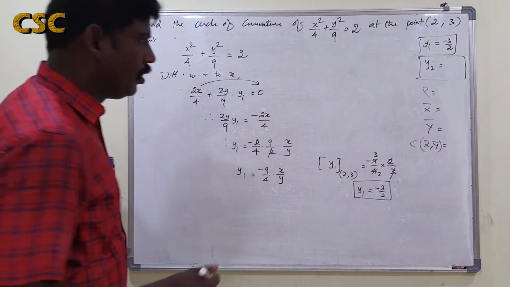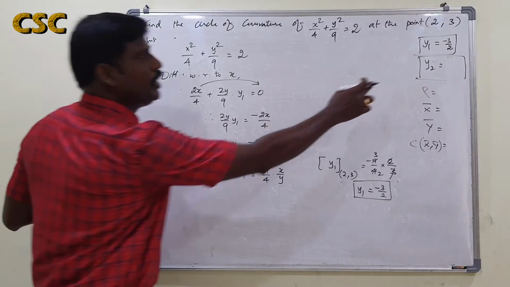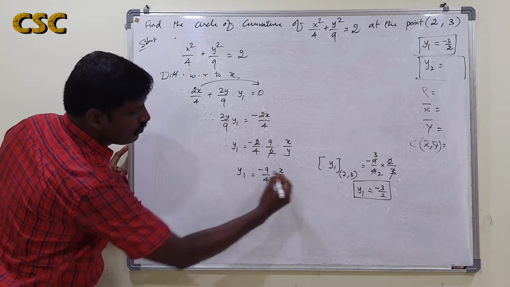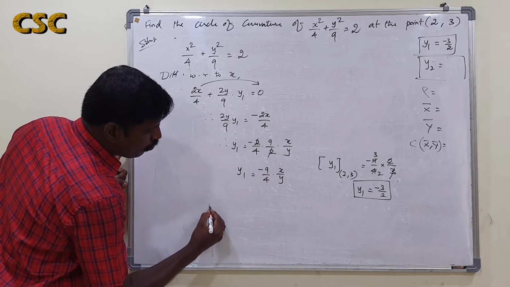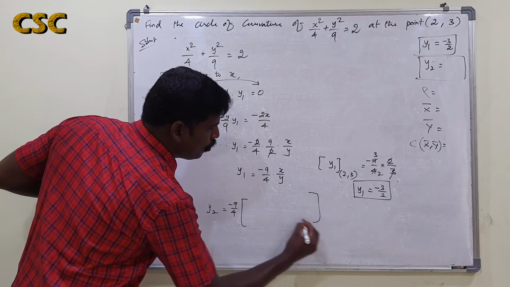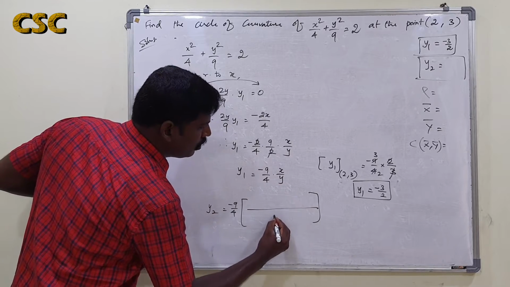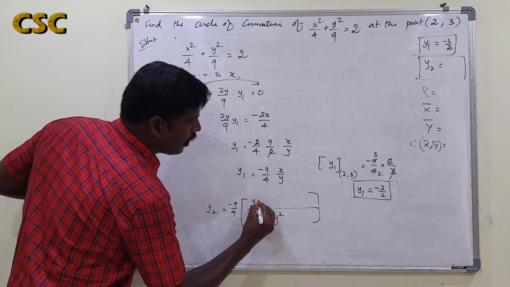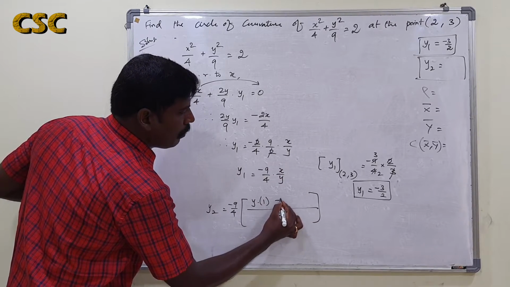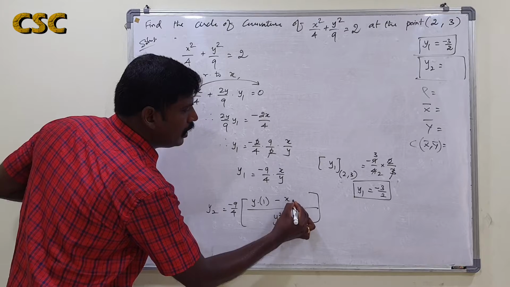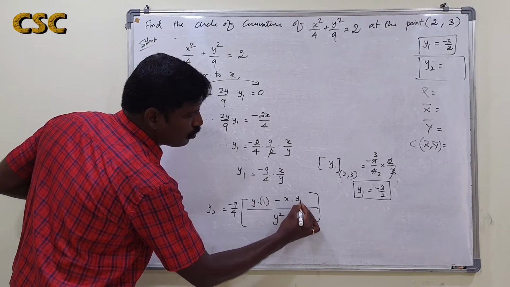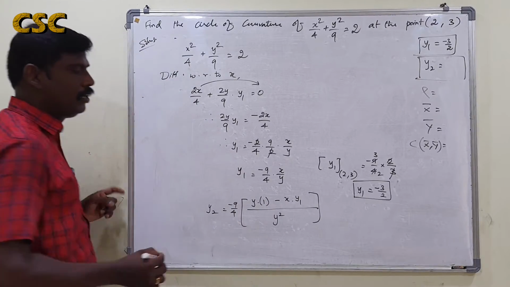Next, we go for finding y2 by differentiating with respect to x once again. So y2 equals minus 9 by 4, a constant we keep outside, and we apply the u by v rule to x by y: the denominator square, keep the denominator and the derivative of the numerator, which is 1, minus keep the numerator and the derivative of the denominator, which is y1, by denominator square.